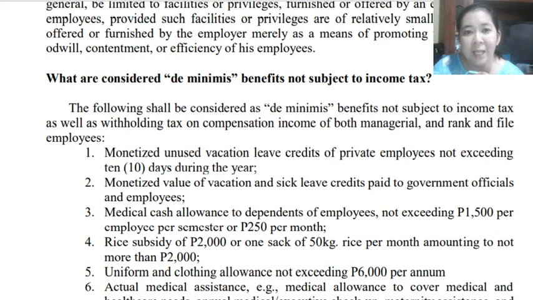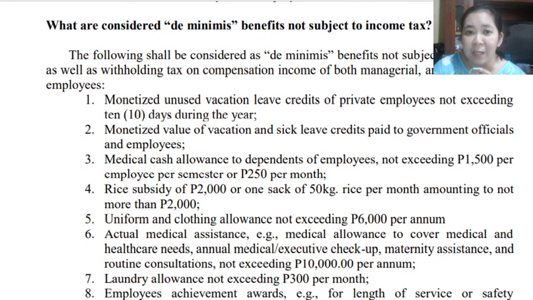So what are the examples of de minimis benefits not subject to income tax? So we have here the following. Okay, so de minimis benefits, unlike the fringe benefits, can be given to both managerial and rank and file employees, while your fringe benefits are only for managerial employees. Okay, so these are the de minimis benefits that are not subject to income tax.